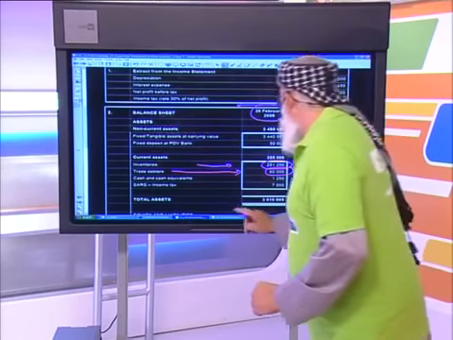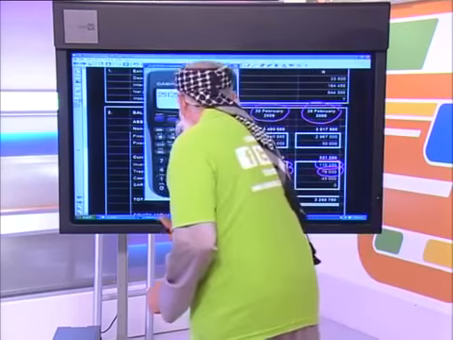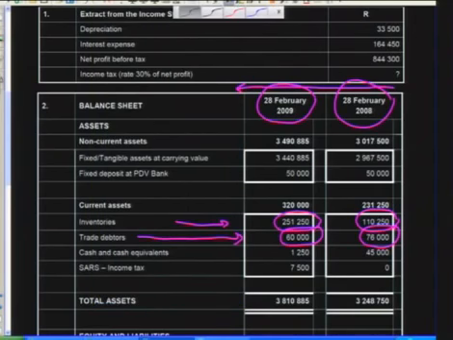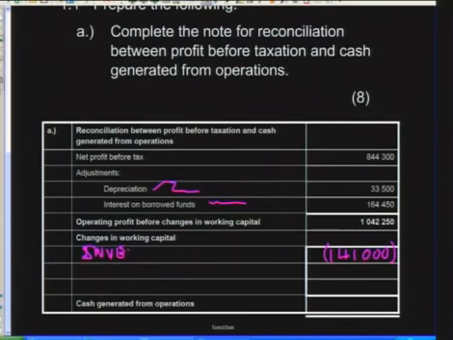And immediately you can see that 76,000 minus 60,000 is equal to 16,000 Rand. Immediately I go to my answer book and insert the figure for trade and other receivables, or trade debtors.